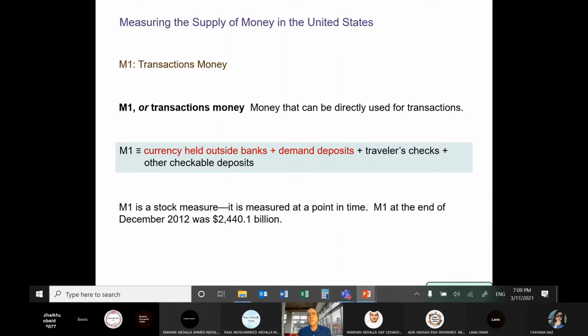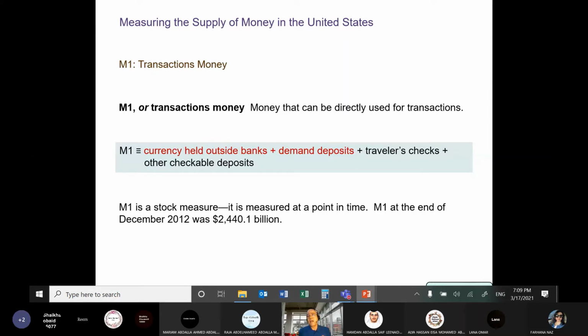They gave me a debit card, so I can go to Carrefour and pay not by cash but by using the card. They also gave me a checkbook, so I can go to an agency, buy a new car and pay the amount by check. Still I'm using my current account. So this kind of money can be directly used for transactions.